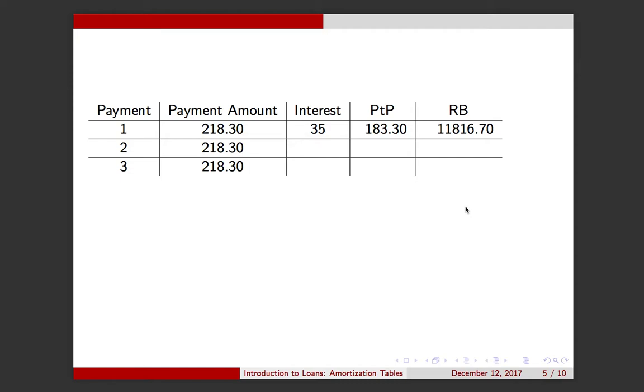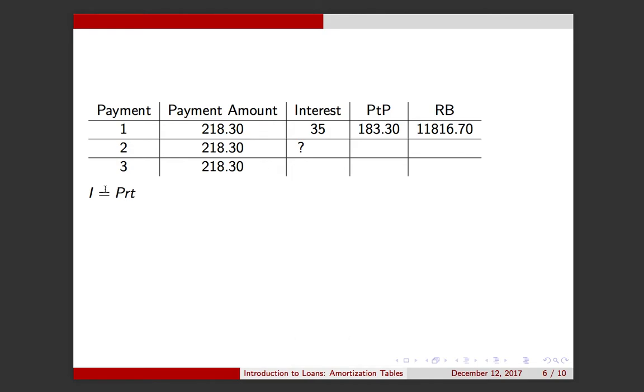Once you've completed the first line, you just move on to the second line. And again, now we're at the end of month 2, and Jack has to write them another check. He wrote them this first check at the end of month 1. Here's his second check at the end of month 2. He has to keep doing this for 5 years, right? It's a 5-year loan. So the question is, of this check, how much is interest?